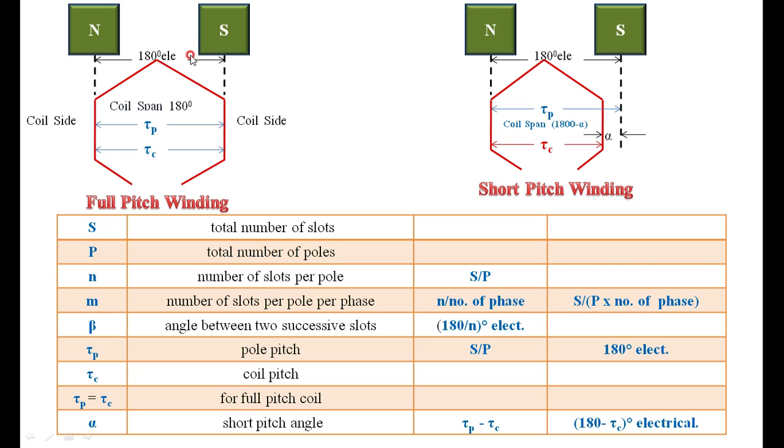For between the two poles it is 180 degrees. 180 divided by 6 is 30. That is what you are getting as the angle between the adjacent slots. Here you are getting 30 degrees. This is how we have to find it out.